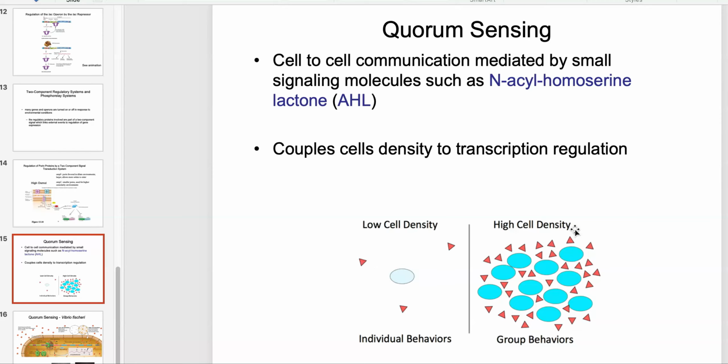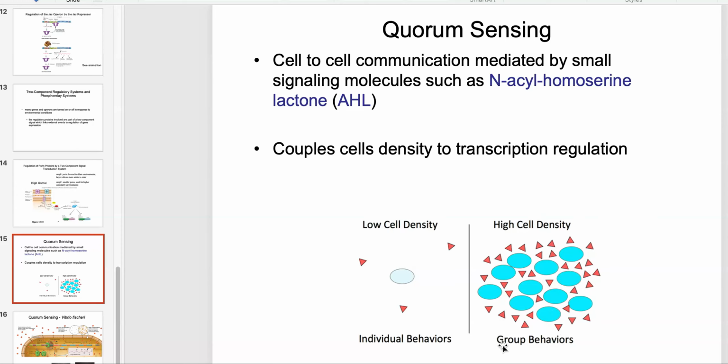But when there's a high cell density, so you see lots of cells, each of these cells producing some number of pheromones, the pheromones can go into and out of the cell, and they can transfer into their neighbors as well. And so that creates a group behavior complex.